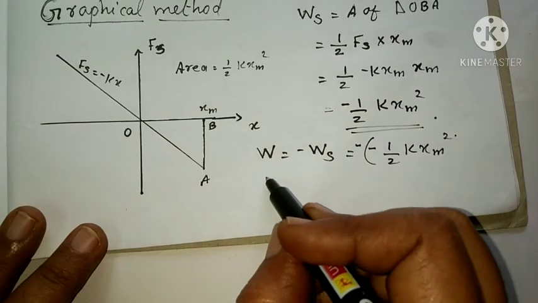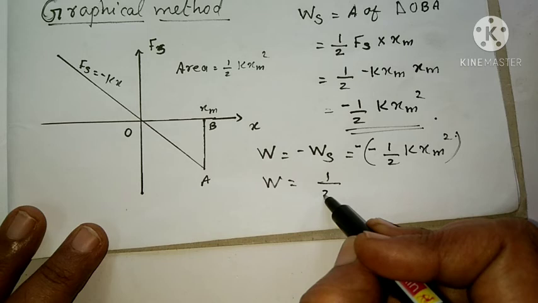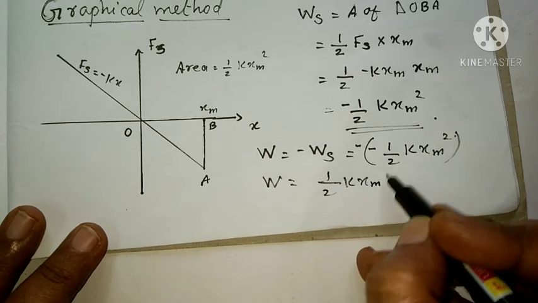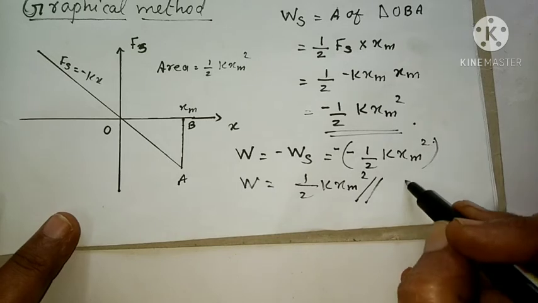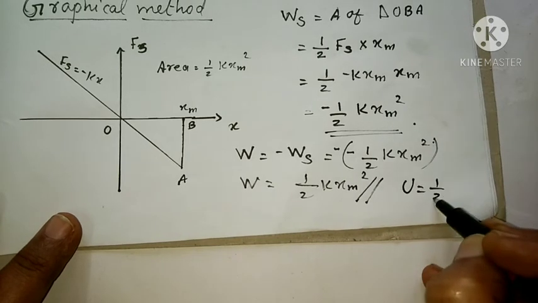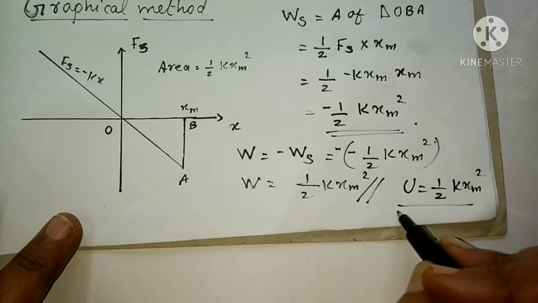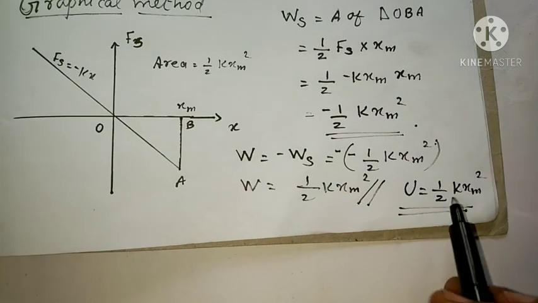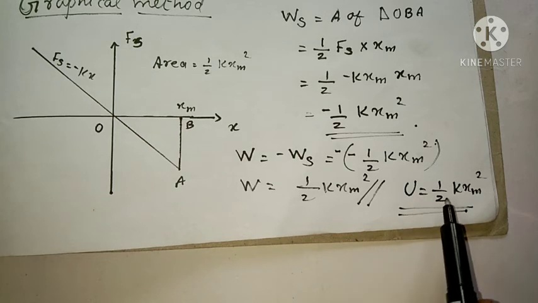So W equal to half k xm square. This work done is stored in the form of potential energy U equal to half k xm square, where xm is the maximum distance traveled by the spring.